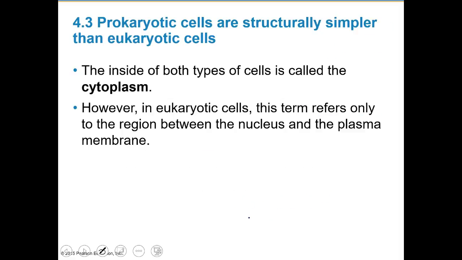Okay. Inside both types of cells, there's cytoplasm. However, in the eukaryotic cell, this term only refers to the region between the nucleus and the plasma membrane. Just so you get an idea, honestly, cytosol and cytoplasm, one of them refers to a region, the other one's the juicy stuff, but I'll admit, I use them interchangeably.